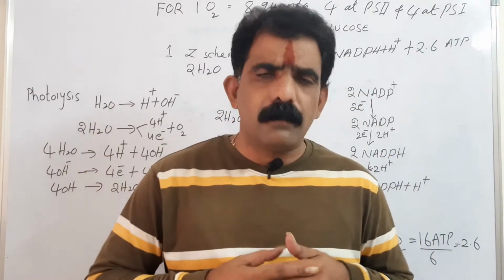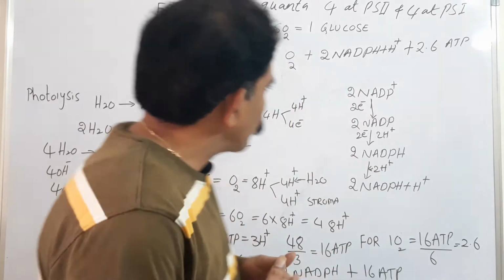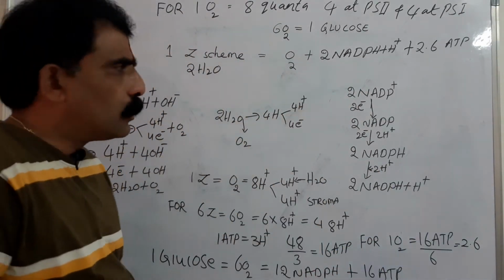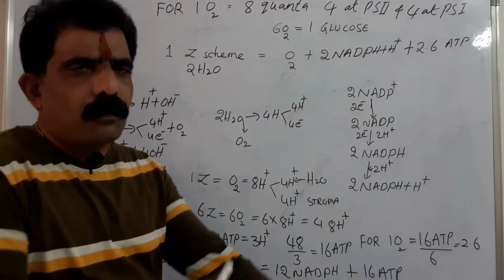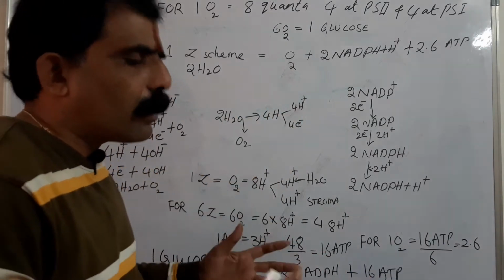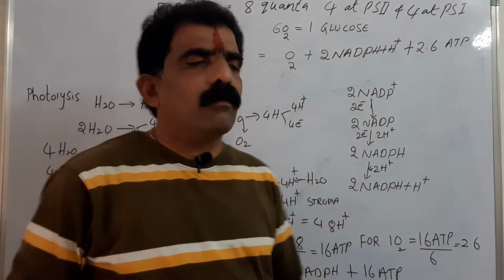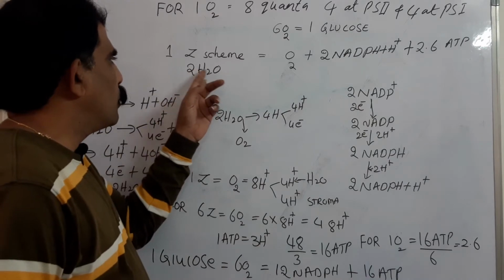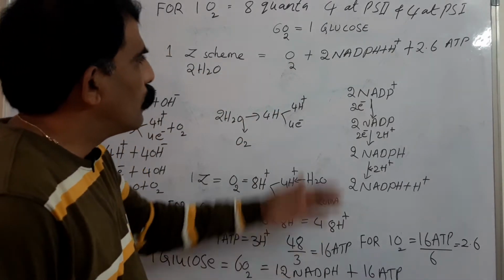We discuss the mechanism. So here, for the evolution of 1 molecule of oxygen through the Z scheme or non-cyclic photophosphorylation, we need 2 water molecules, because 2 water molecules undergo photolysis resulting in the formation of a molecule of oxygen. 2H2O gives 2O, O2, that is.